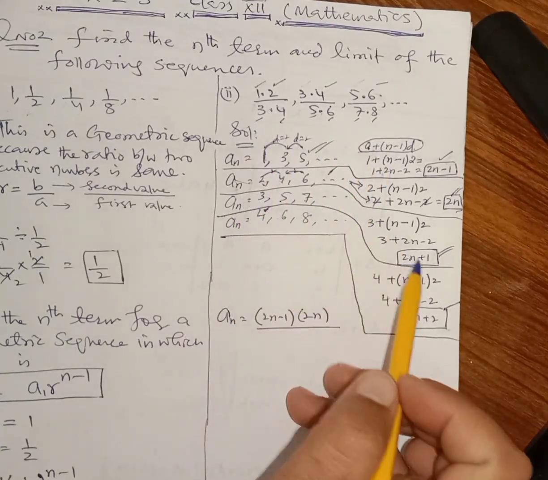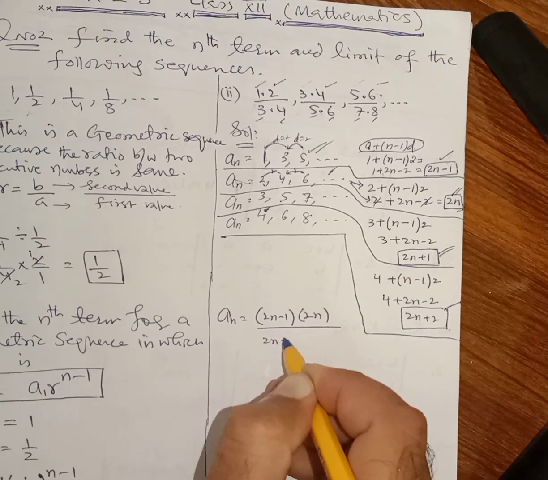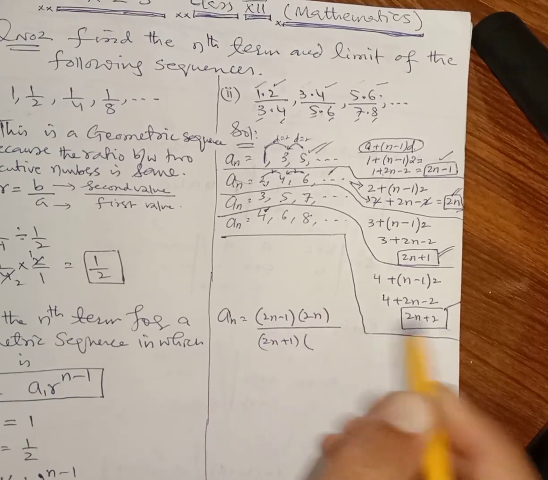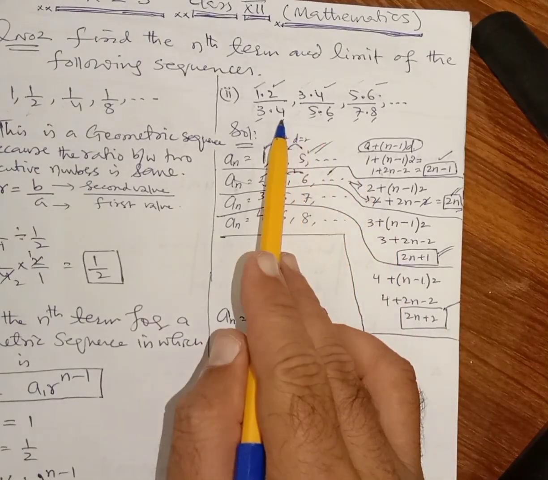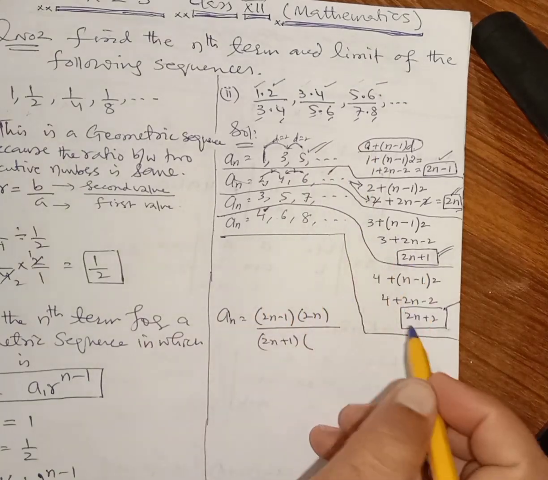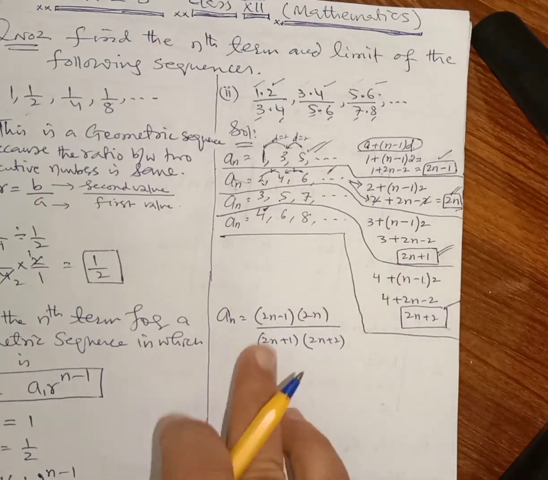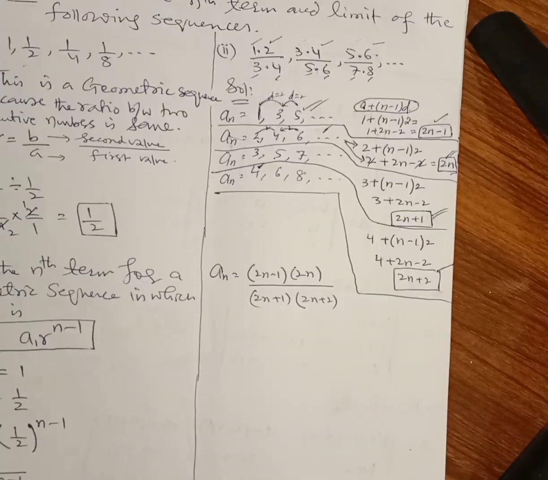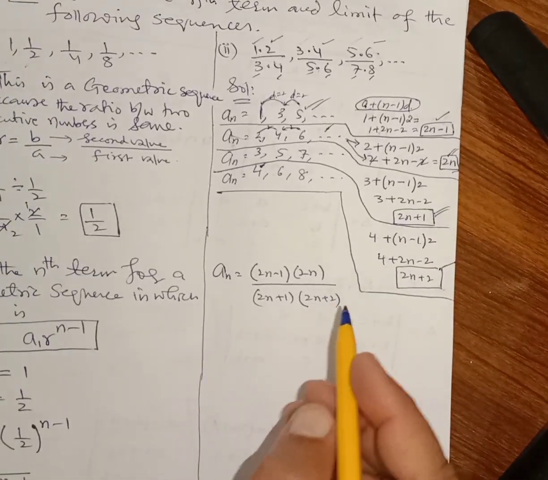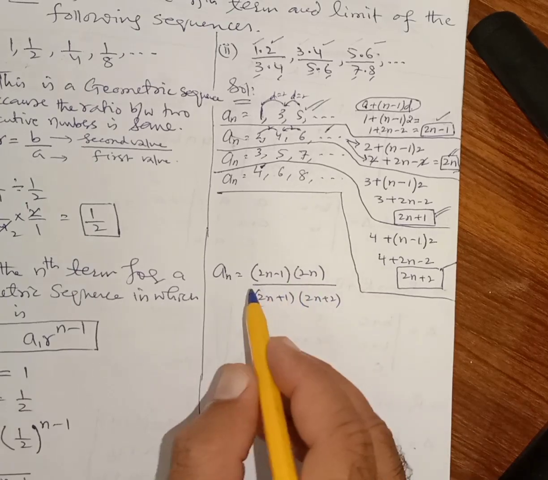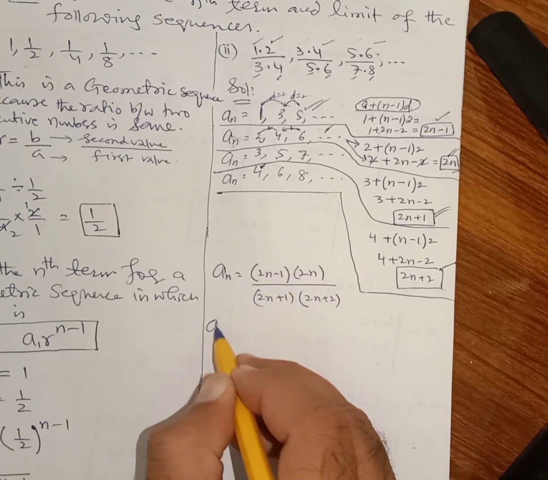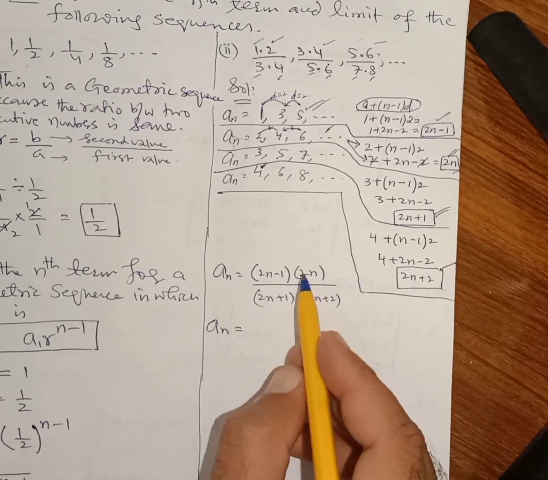The general term for this sequence is 2n plus 1. We will write here, and then for this sequence 4, 6, and 8, we have the general term, which is 2n plus 2. Now we first simplify this. This is the general term. You can simplify further, and you can get the final answer.